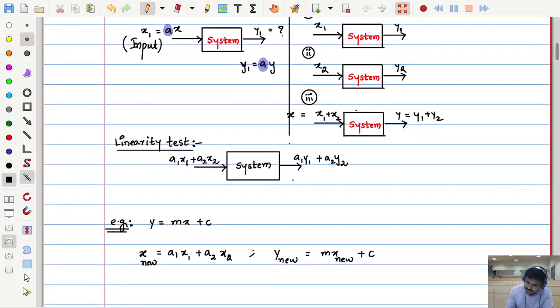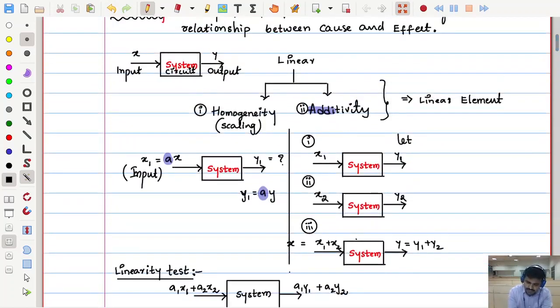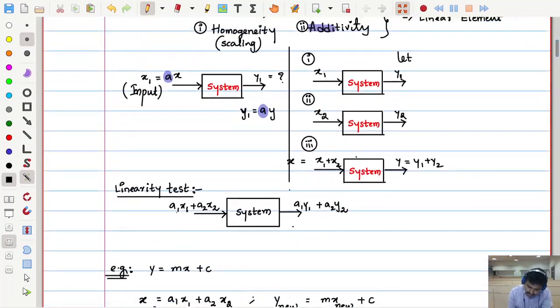Let us take the same system. We know the system input is x and output is y. For this system, I will give a new input x, which is a1 times x1 plus a2 times x2. Let us consider this to be x. Then it is producing an output y.